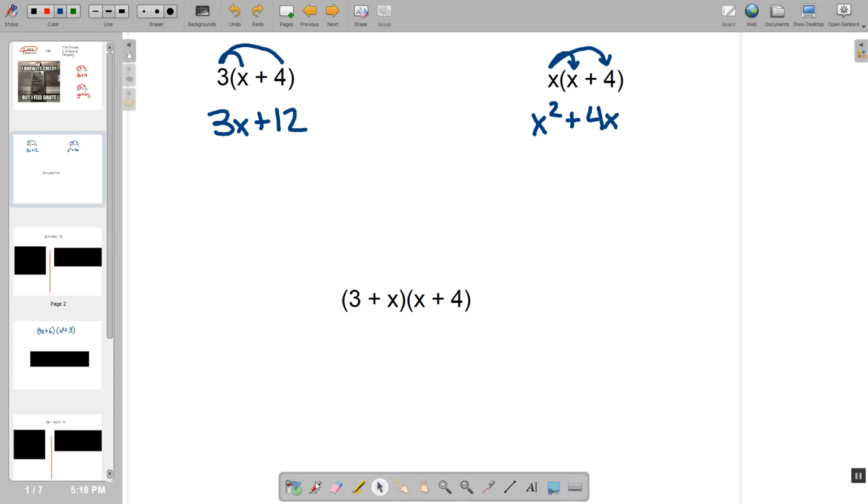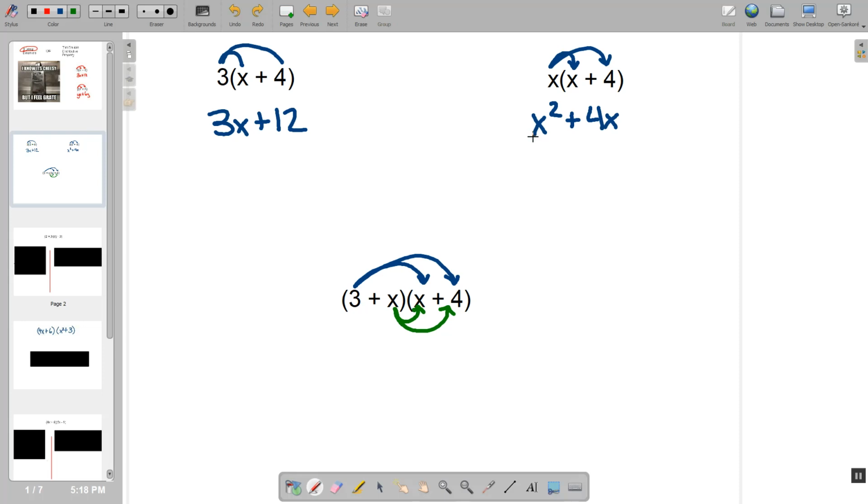The rule is that every single term in this parentheses must be multiplied times every single term in this parentheses here on the right, which means this number 3 must be multiplied times this x and this 4, which is what we did here on the left, and this x must be multiplied times this x and multiplied times this 4, which is what we did here on the right.